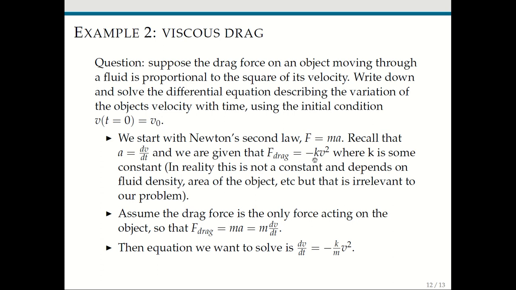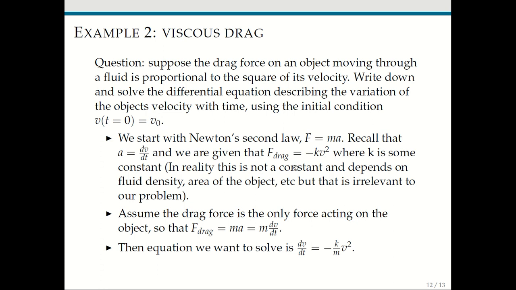So why did I write F drag is equal to minus kv squared? Well, here k is the proportionality constant, which I assume to be positive, and the minus sign is because the drag force would always be directed in the opposite direction to the motion of the ball, because the drag force slows down the ball, not accelerates.